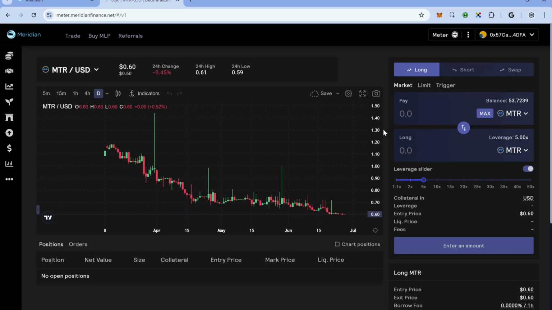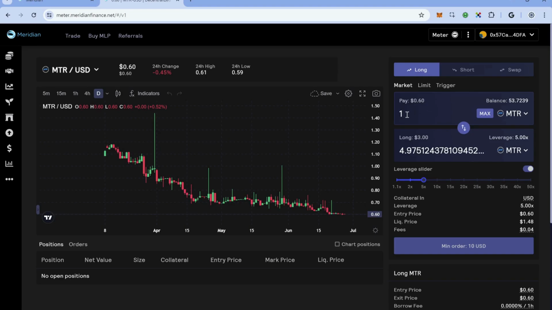First things first, I do want to mention that when you are trading on the Meridian Trade platform on the Meter network, there will be a minimum amount for trading. That amount will be a minimum of the equivalent of 10 USD. So at current moment, 1 meter is 60 cents roughly.